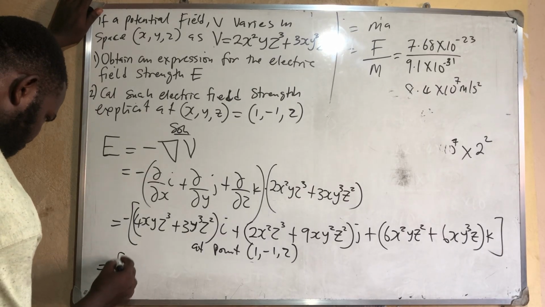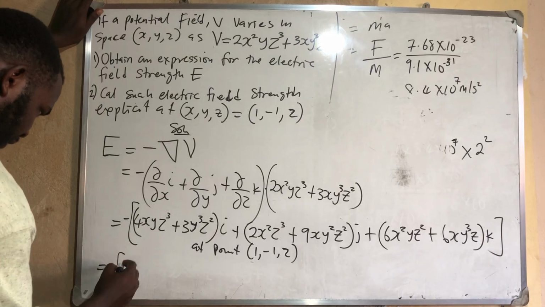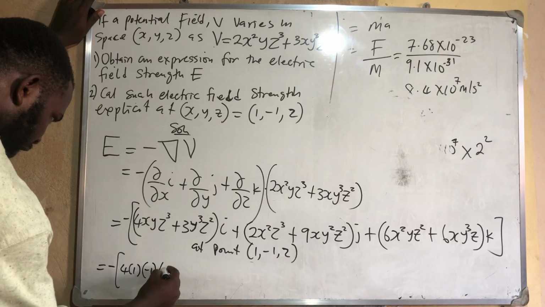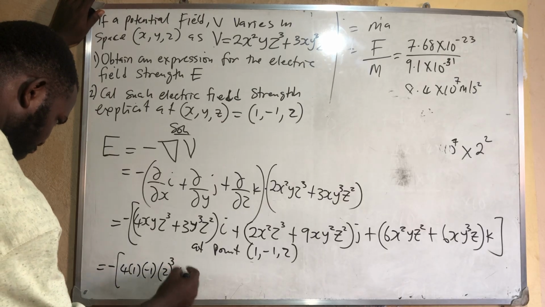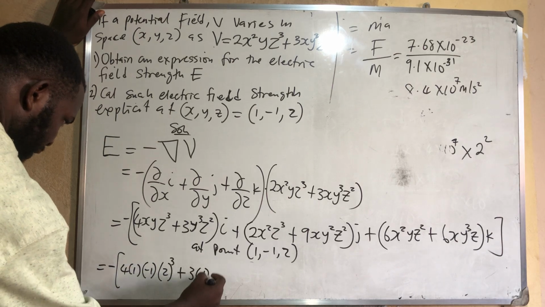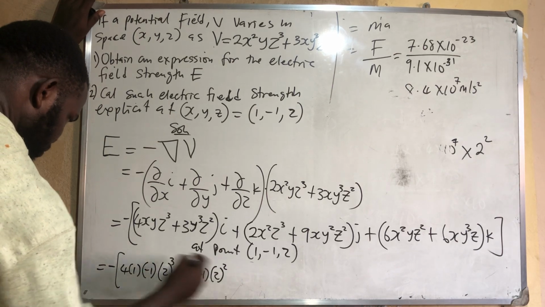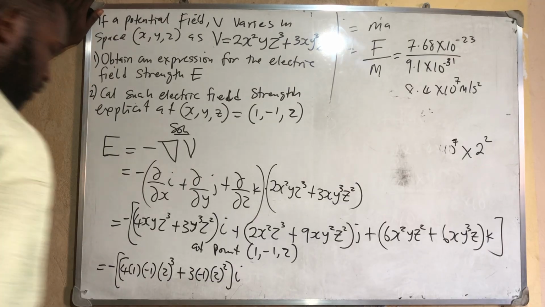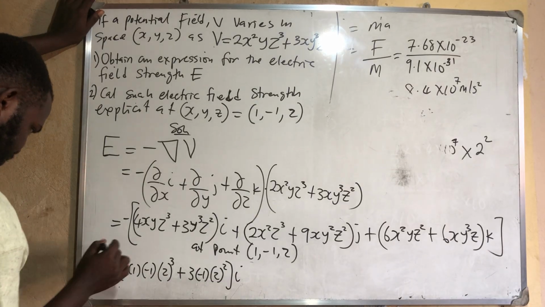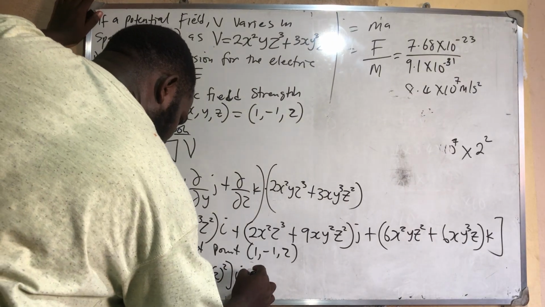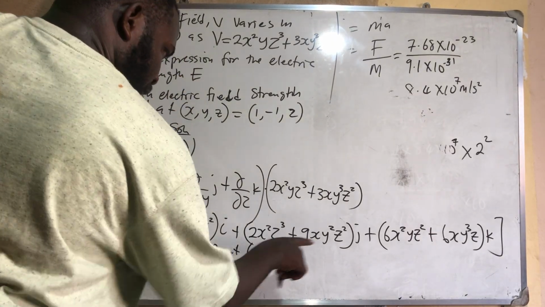So I have minus into, let's tackle here first. 4 into 1 into minus 1, then into 2 raised to power 3, plus 3 into 3 into minus 1, then into 2 raised to power 2. Then everything here, I'm putting my i to it. All right, let me have this as the biggest bracket. Then plus, let's go for j now.